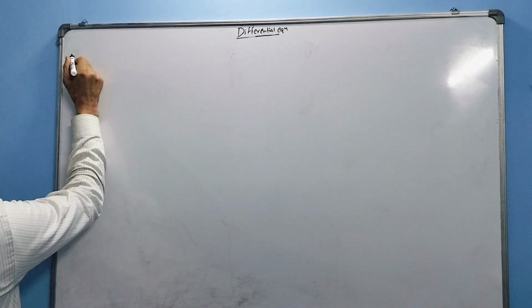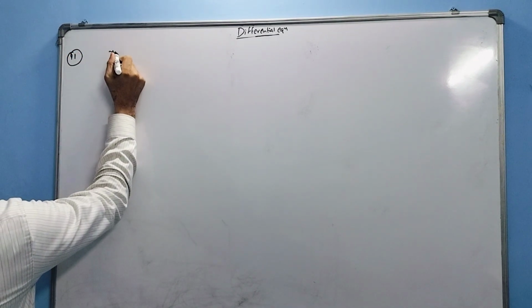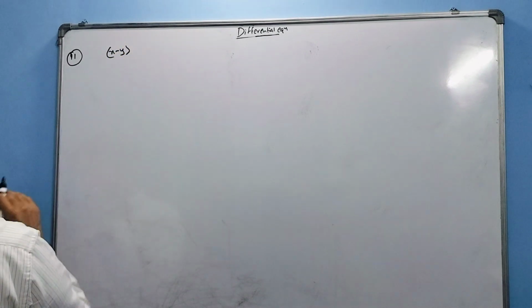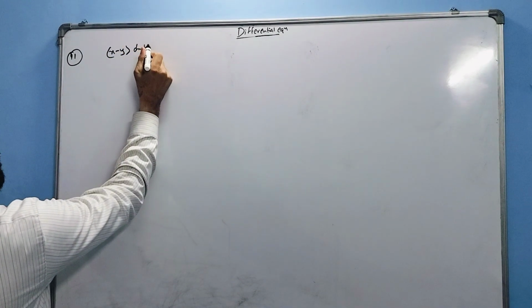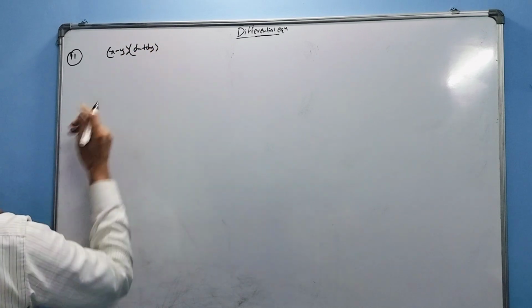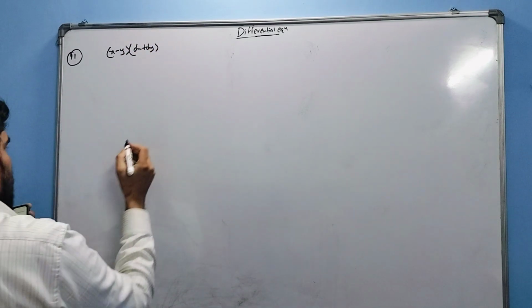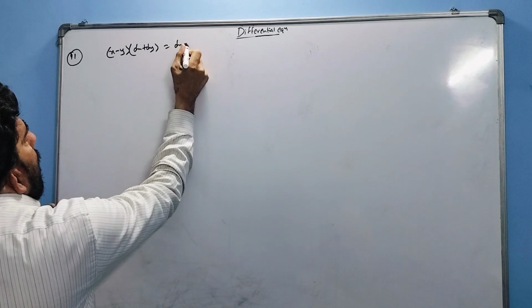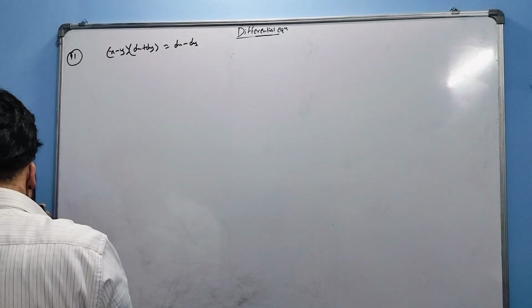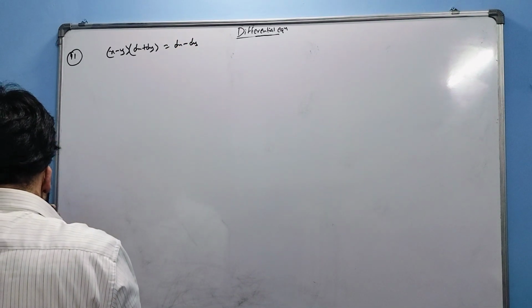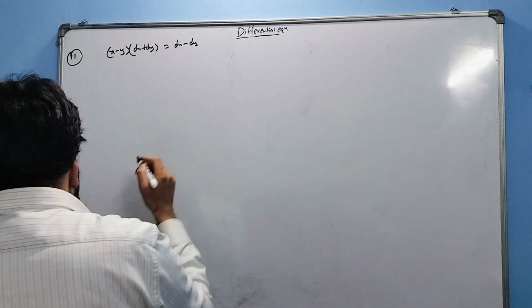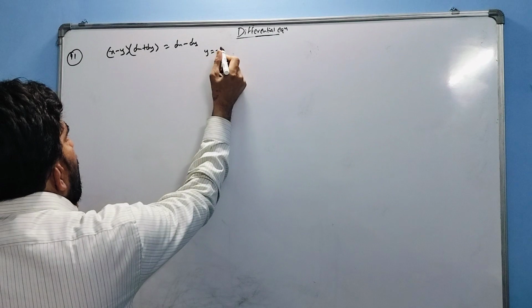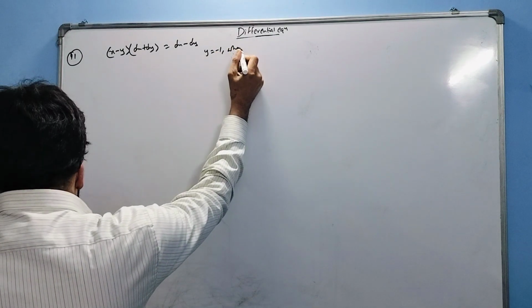They have given x minus y dx plus dy is equal to dx minus dy. So we need to find a particular solution of this differential equation. They have given that y is equal to minus 1 when x is equal to 0.